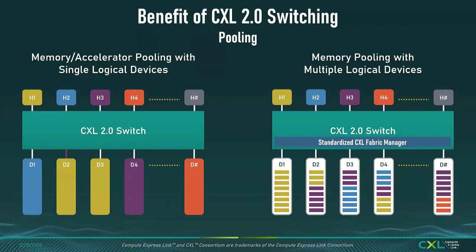Every host can have some reasonable amount of memory, and you can put the rest of the memory in the pool. What this allows us to do is, it's great from a performance point of view. It's great from a power efficiency point of view. It also allows you to have denser compute. It allows you better flexibility. Overall, it results in significant reduction of total cost of ownership, also known as TCO.